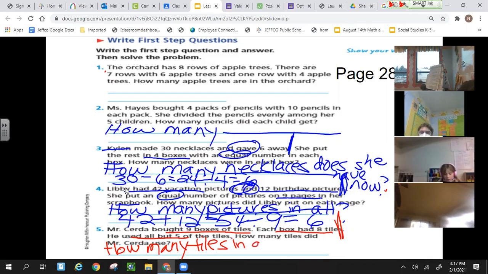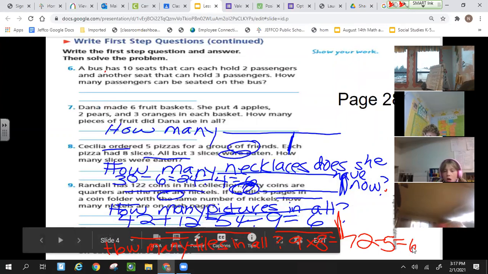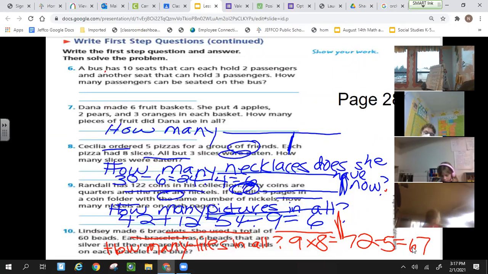And then if I know he has 9 boxes and they each have 8, that's multiplication. You should have gotten 72. And then if he used them all except 5, I can take those 5 away, which is going to give me 67. He used 67 of those tiles.